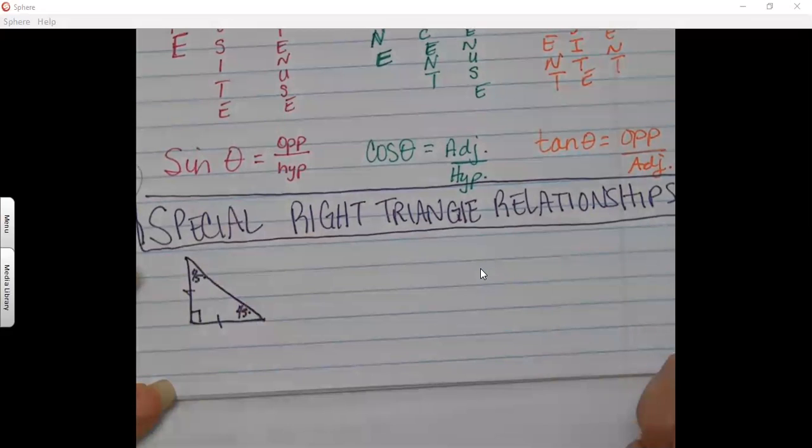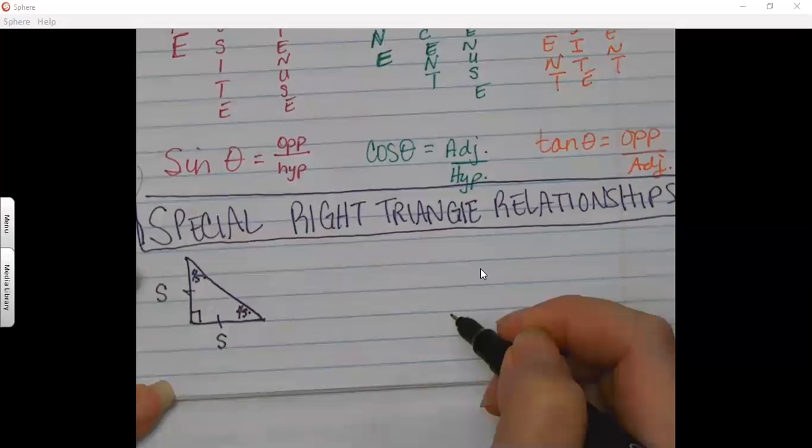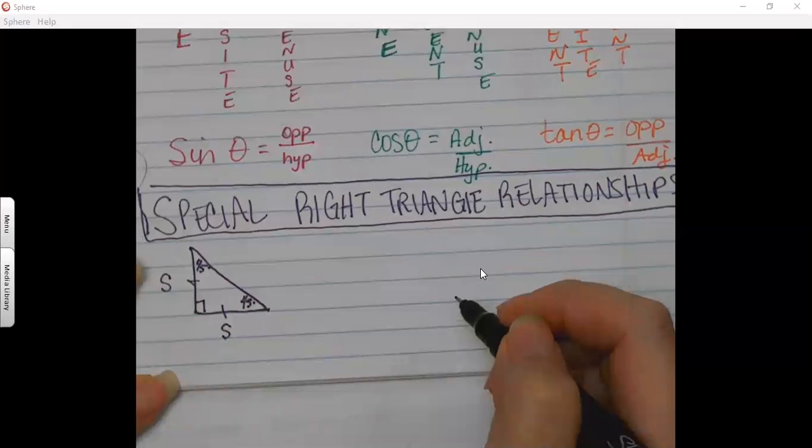So I know if my 2 sides are the same length, I'm going to call them both S's. Then we know that the hypotenuse is the length of one side times the square root of 2. So like say my side lengths were 5 meters, the hypotenuse would be 5 square root 2.